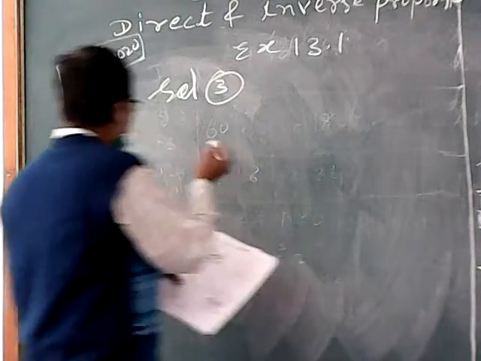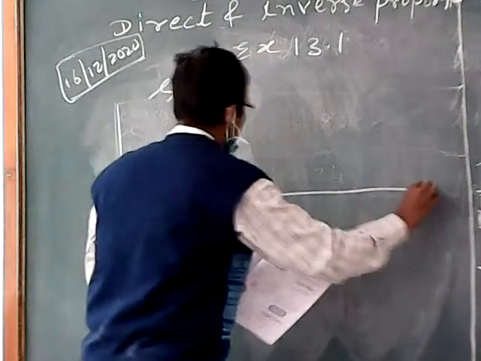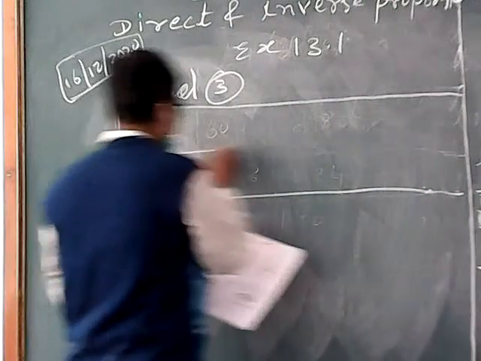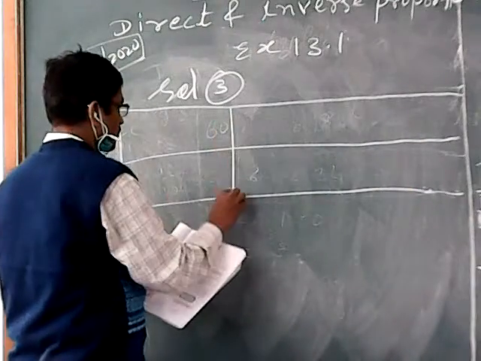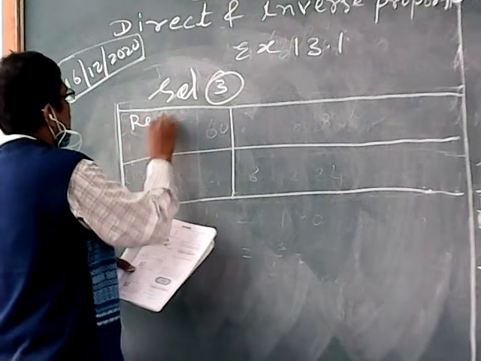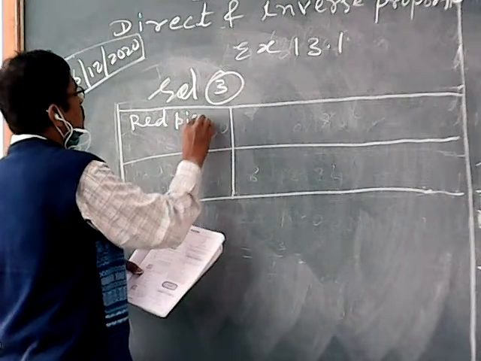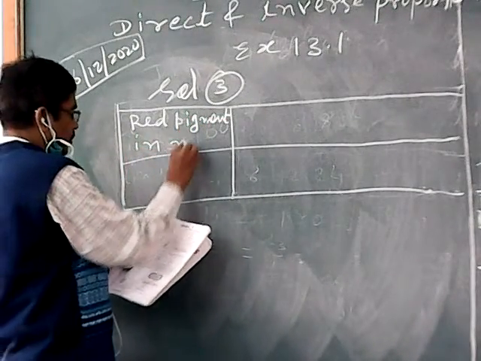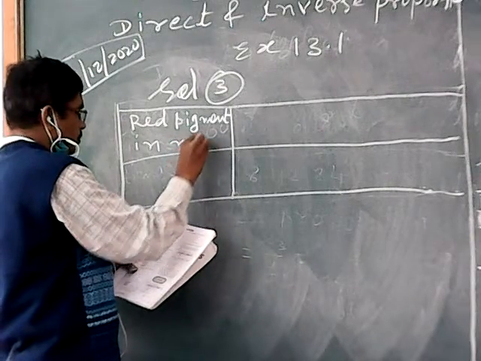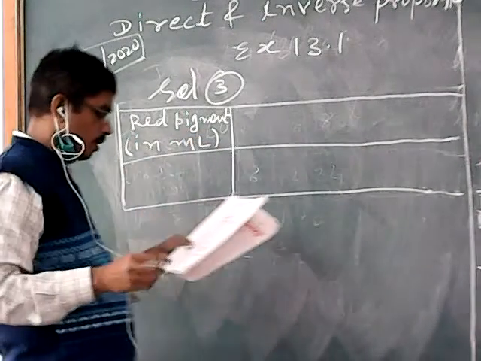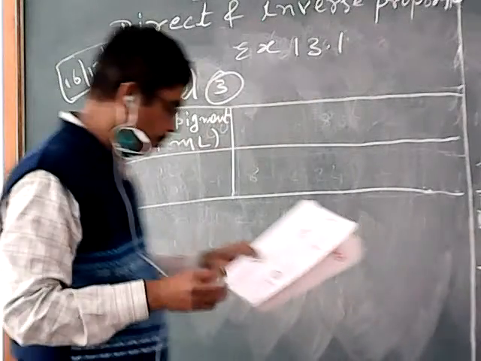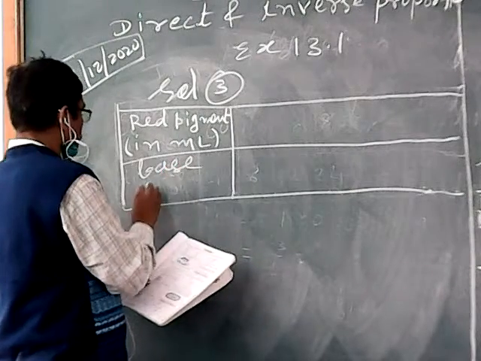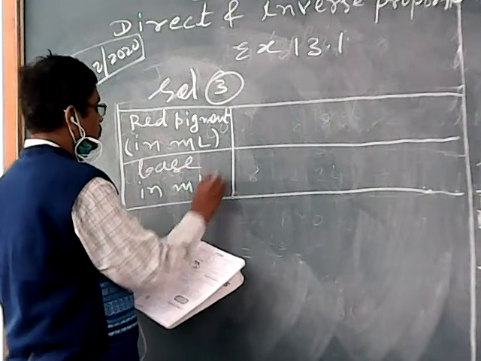again we make the table here. Red pigment in milliliter, and base, it is also in milliliter.